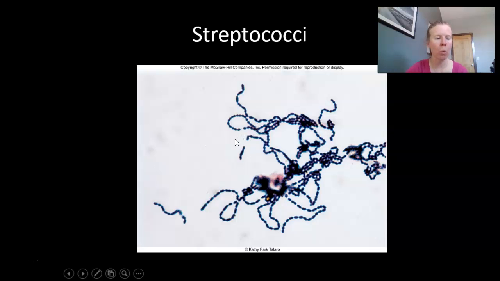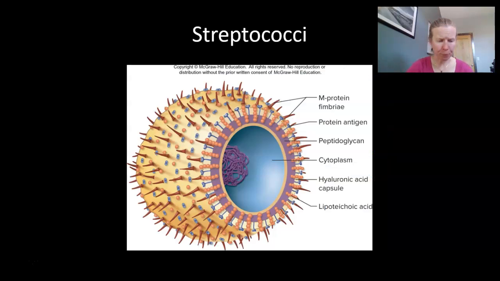And so what we're looking at here is a large, diverse group of microbes that can cause a range of diseases, from a very mild infection to quite severe disease. These are gram-positive bacteria. And again, usually you see them in a chain. Sometimes it'll be pairs.